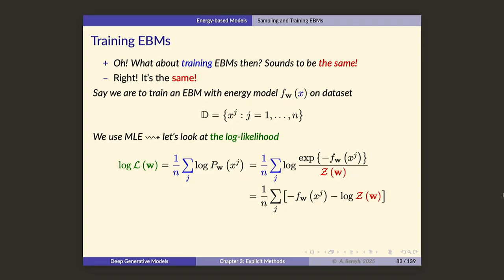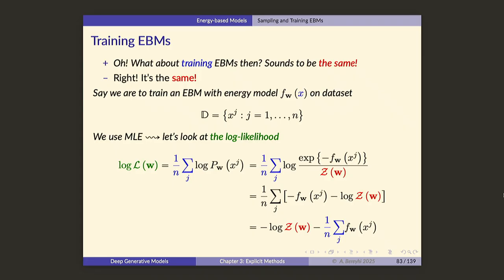The second term here, log of the partition function, does it depend on my sample? No. It does not depend on x, so whatever sample I put is always going to be the same, right? So if I compute 1 over n sum over j of that log, when I average it over samples, it remains the same. So it's going to come out, right? I can simply write it down as minus log Z, and the averaging is over my samples, right?